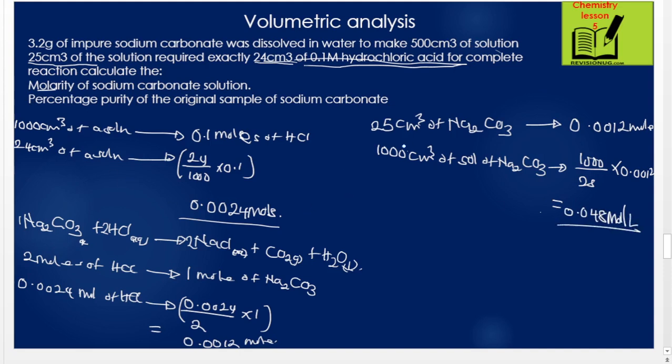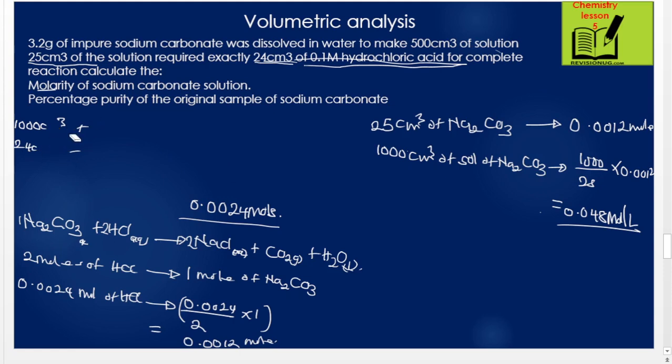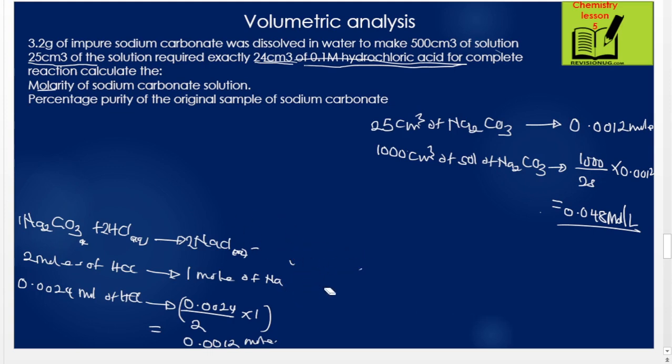Then after getting the molarity, the question still says calculate the percentage purity. When we look at the percentage purity, it means that we need to know what mass dissolved. Remember, the mass was 3.2, and that mass contained the impure sodium carbonate. So the pure sodium carbonate dissolved, and that which dissolved is equivalent to 0.048. So we need to get the mass of that.